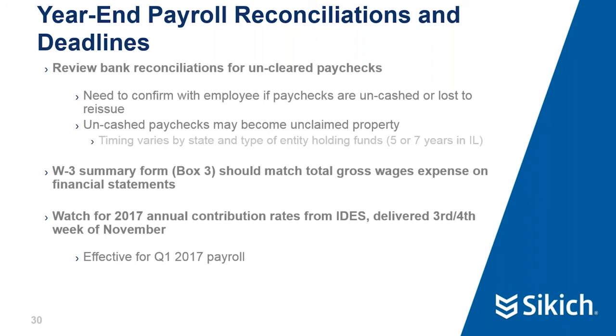And then the other item would be your W-3 summary, which would show total gross wages. You should compare that to your financial statements to confirm that the salary expense on your financial statements is what is shown on your W-3. And then the last tip as your year-end, which I had mentioned earlier, was to watch from the Illinois Department of Employment Security for what your percentage would be for the SUI withholding for your first quarter of 2017 payroll.